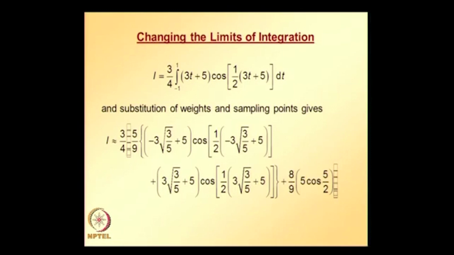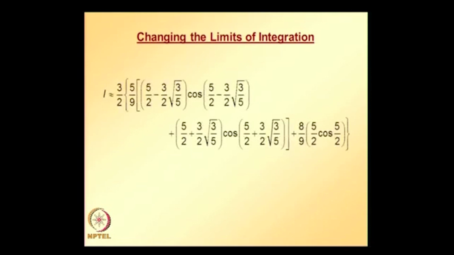When this integral is simplified, it turns out that the integral value is minus 5.0611, and when we compare this with the exact solution, which turns out to be minus 5.0626, it is very close to the exact solution.